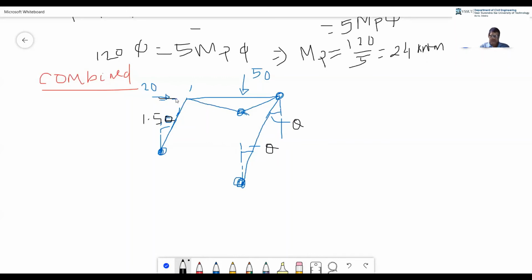Now let this be delta 1. This you can take as delta 2. Now this value will be theta 1, and you can find this value is theta 2. So you can get from here 50, and this is equal to 2 meter and 3 meter.